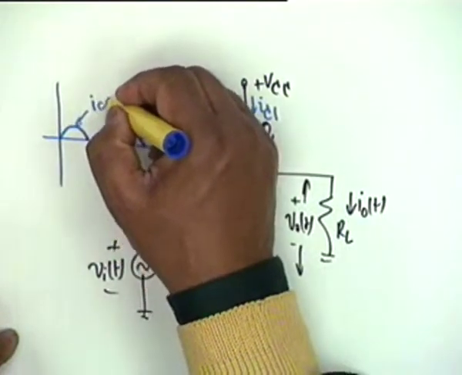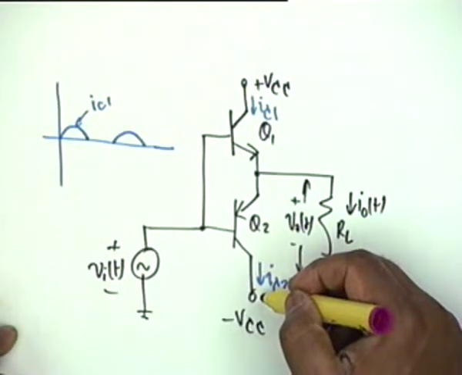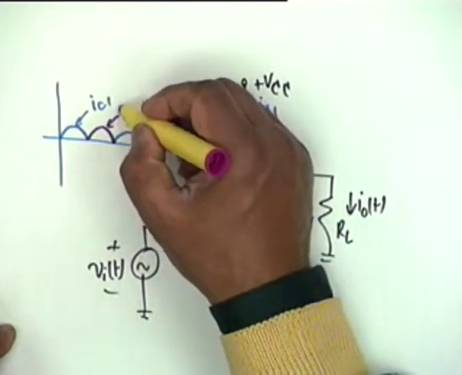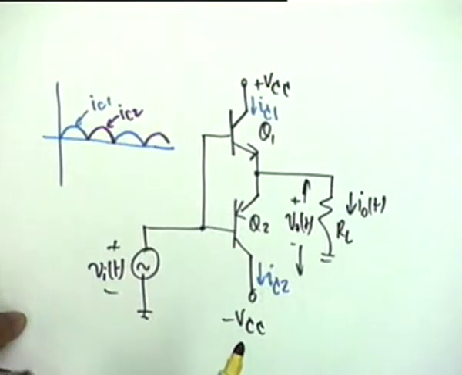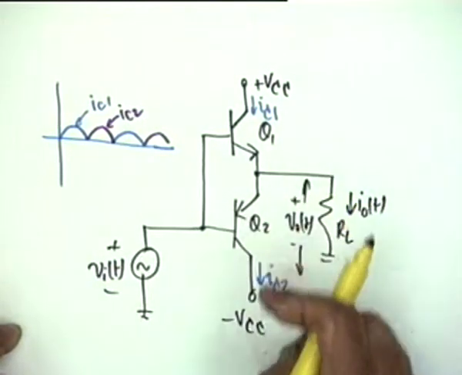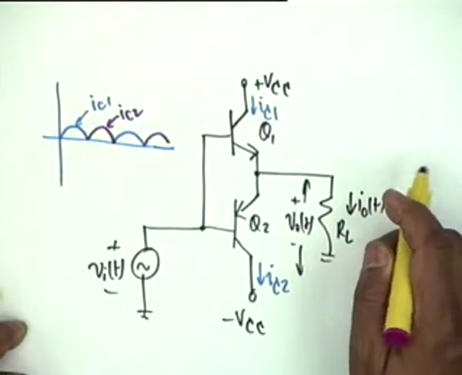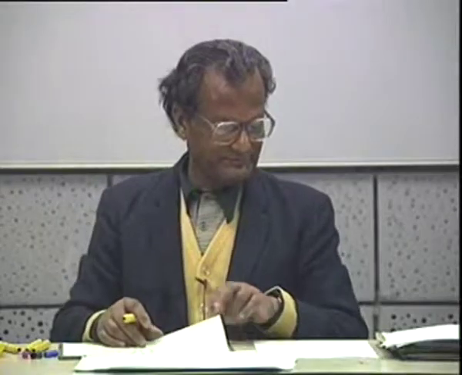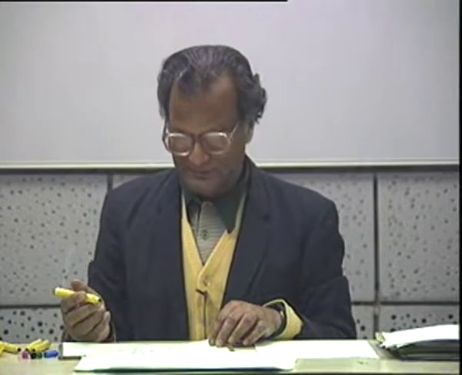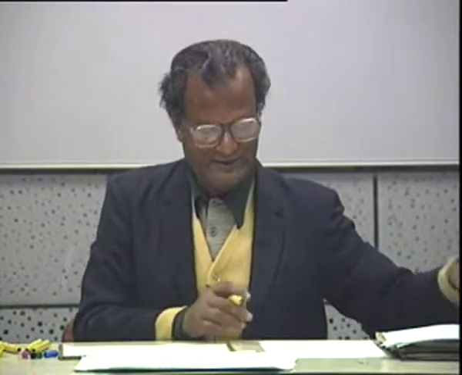These are IC1, whereas IC2 have taken care of the direction. IC2 would be the in-between ones. Is that okay? IC2 are the negative halves, but the direction, IC2 comes like this, so the load current is in the opposite direction. They help the load current to remain sinusoidal. Okay? I think that's all the picture that we need. Let's go into the calculation.